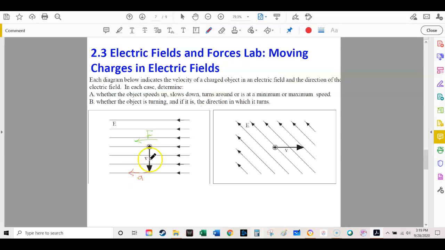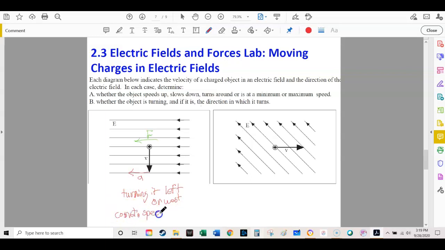That means this velocity vector is neither going to be speeding up nor slowing down, but this acceleration vector is going to be turning this to the left of the page, or west. And it's going to be traveling at a constant speed.